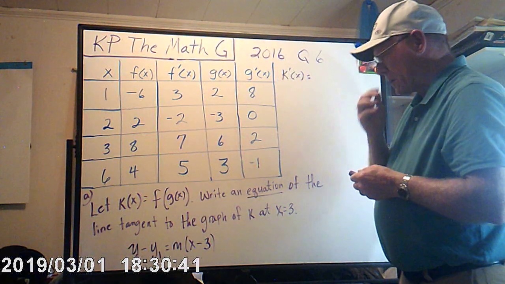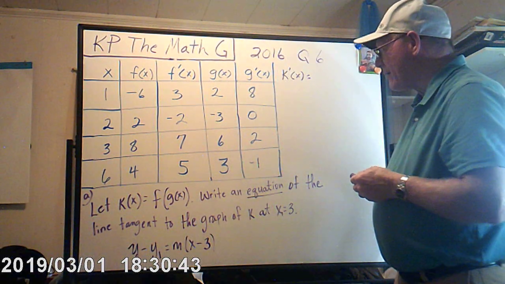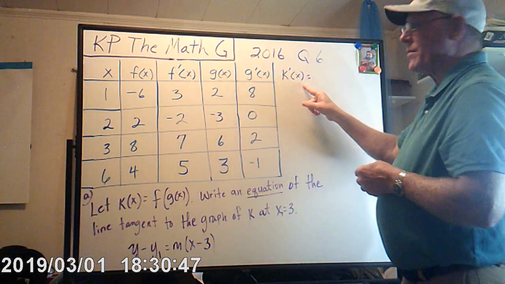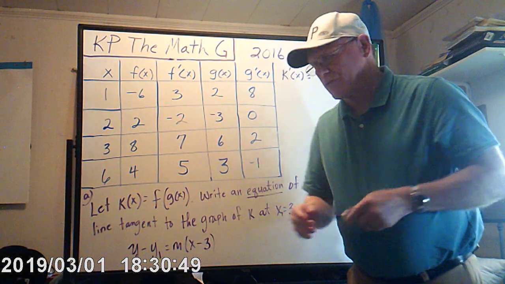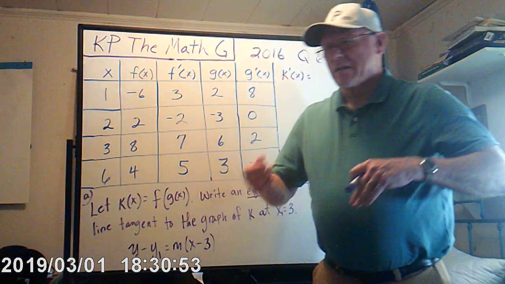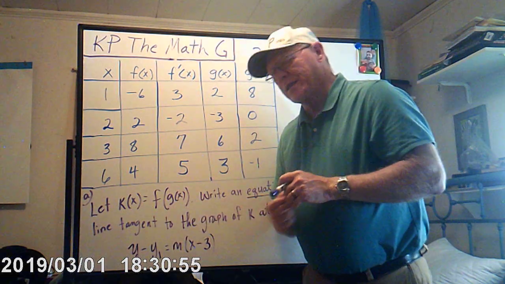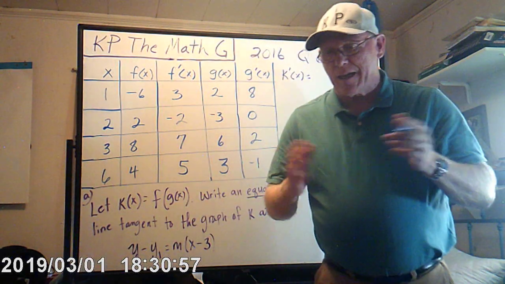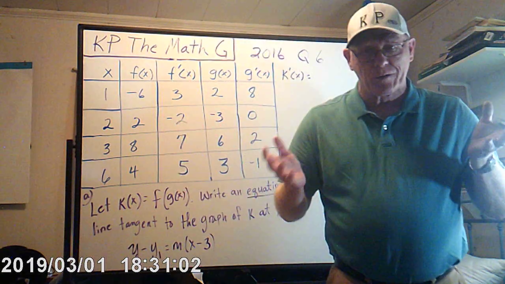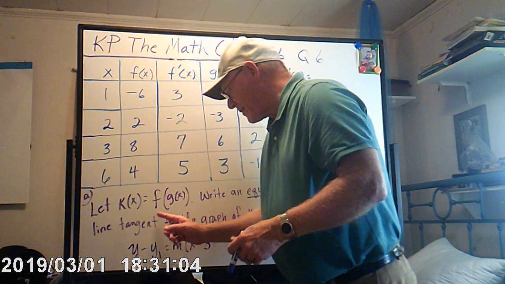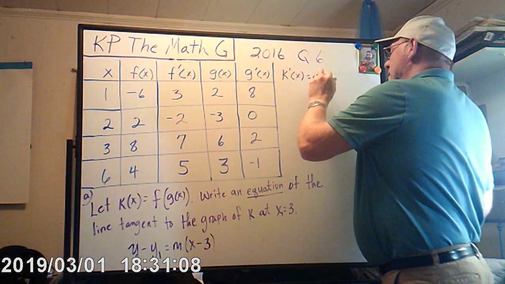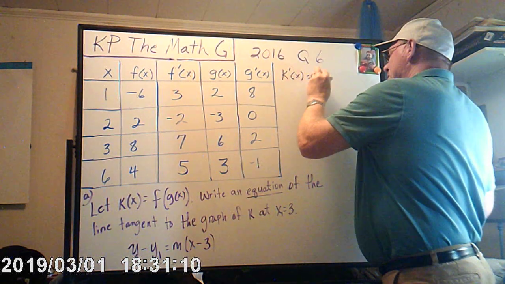Alright, so let's see what we come up with. I need to find the slope. Actually, k prime at 3, but I'm going to find k prime at x first. Now remember, when you see a composite function like this, this is really a ploy on the chain rule. So you take the derivative of the outer first.